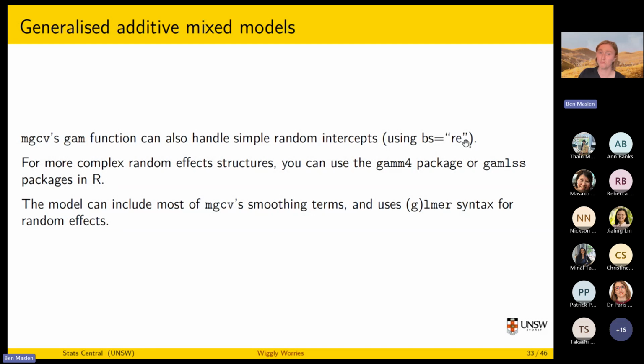And if you're looking at more complex random effect structures, there's the gamm4 package or the GAMLSS packages in R, which can use most of MGCV's smoothing terms and use some syntax for random effects that you might be familiar with if you've used the lme4 package or glmmTMB package.